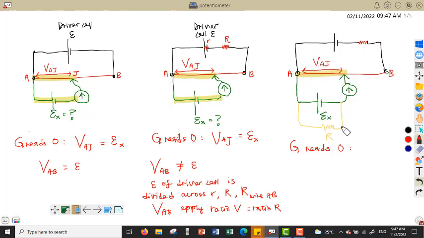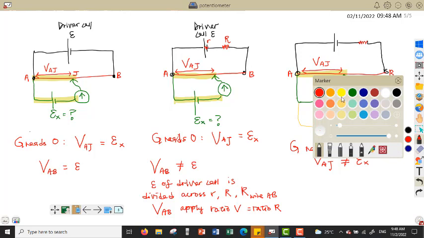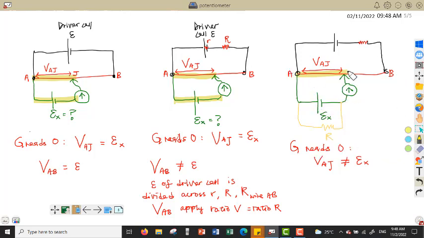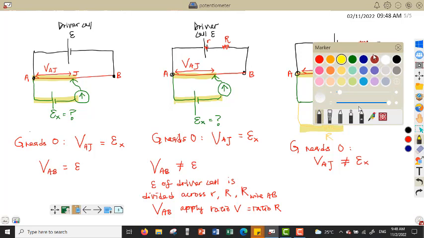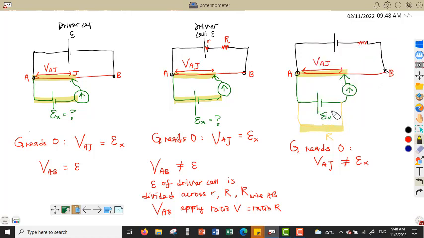As G reaches 0, the balance length VAJ now won't equal to the EMF of the battery. Why? Because the battery has a complete circuit with the external resistor below. Instead, in this situation, the balance length will equal to the voltage across the external resistance that we connect to the unknown EMF.